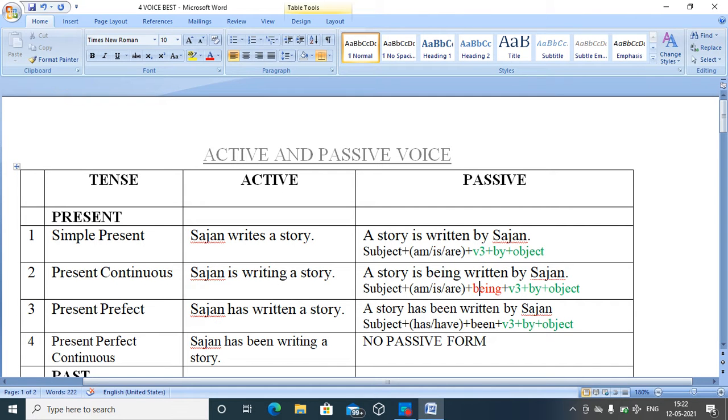Otherwise, it's just about learning the construction like subject plus am or is or are. A story is taken as the subject, and it is a singular subject, am, is, are. From that you choose is. Then the constant rule, whenever you see a present continuous tense sentence, instead of Sajan is writing a story, you can have different subjects, different objects, different main verbs.